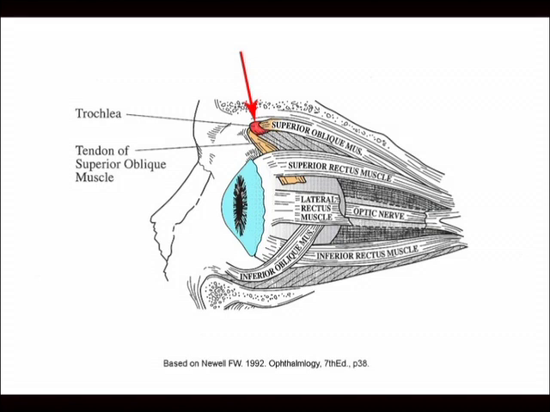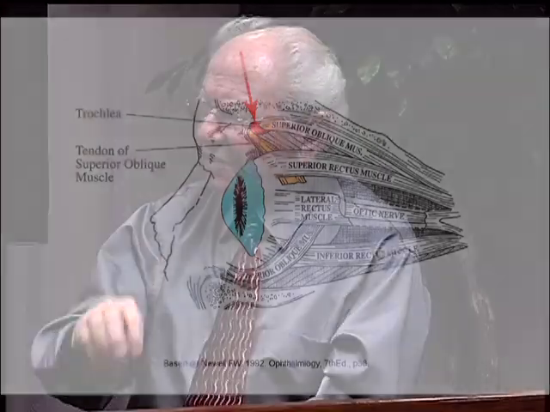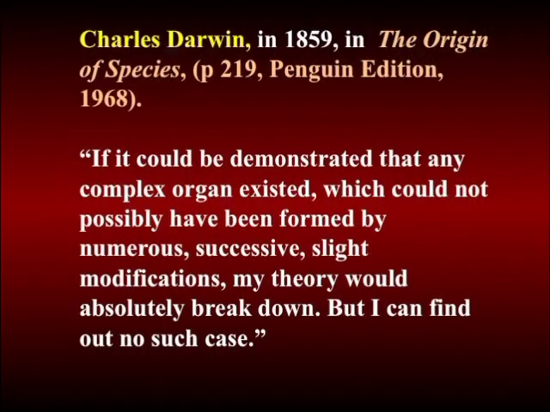It doesn't seem they could have arisen by just natural selection and survival of the fittest, because survival of the fittest would tend to get rid of all these extra parts that don't work. Charles Darwin, again back in his Origin of Species, says, if it could be demonstrated that any complex organ existed which could not possibly have been formed by numerous successive slight modifications, my theory would absolutely break down, but I can find no such case.